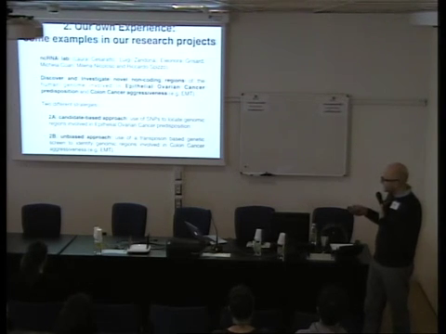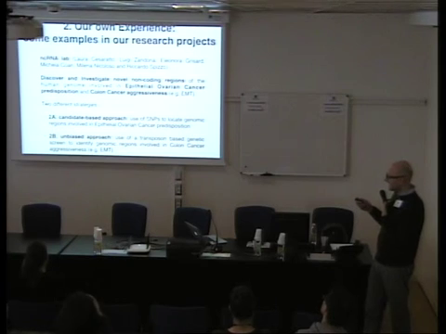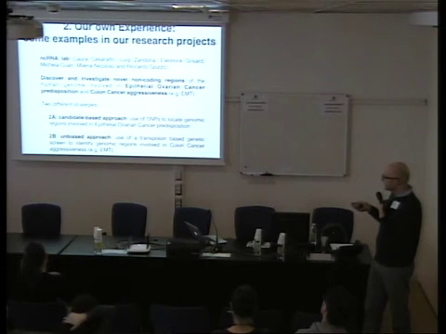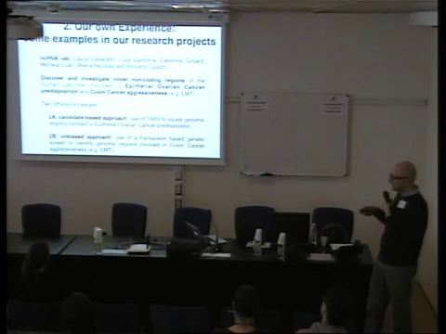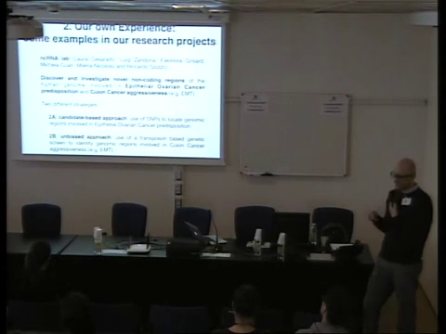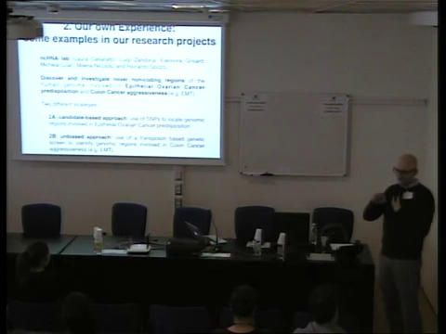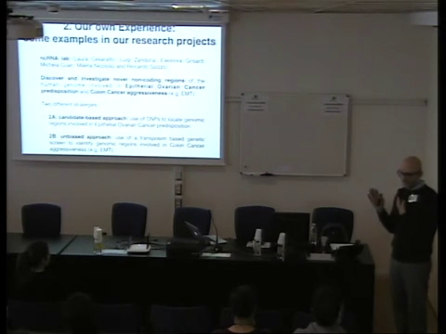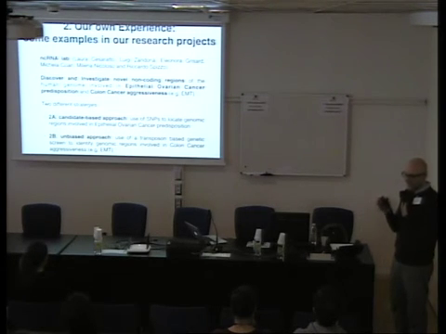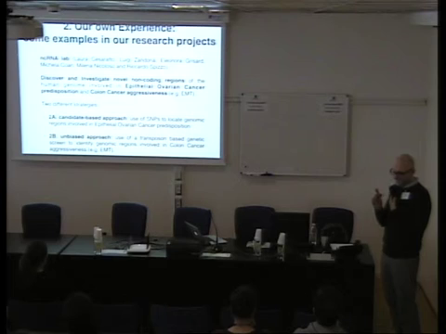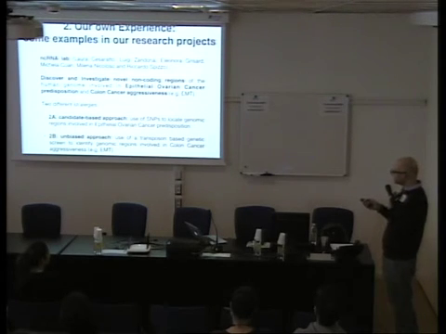Instead, in the second example, I will use an unbiased approach, using a transposon-based genetic screen to identify genomic regions involved in colon cancer aggressiveness. I will not go through all the aims and objectives of these two projects, but just give you some examples of how we use the CRISPR-Cas9 system.